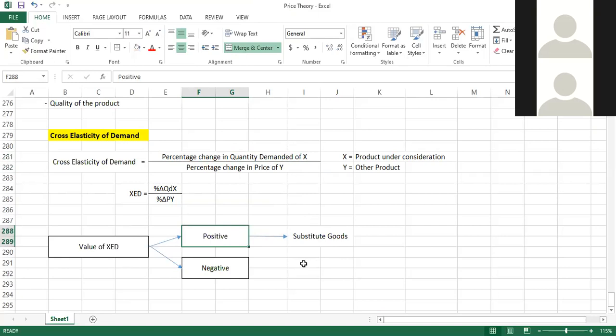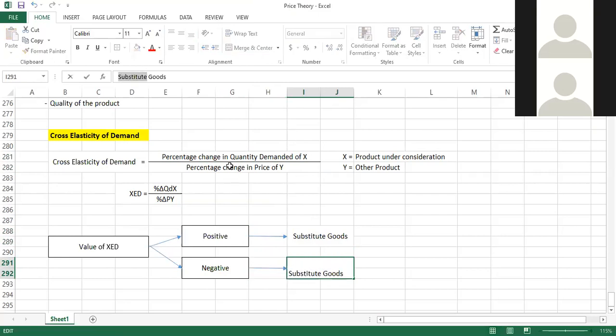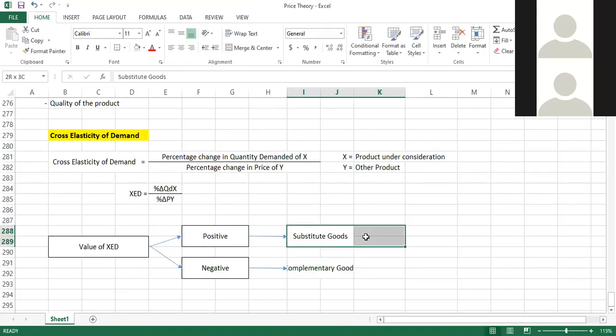But what is the condition for complementary goods? There will be a negative relationship. For complementary goods, the cross elasticity of demand will be negative.